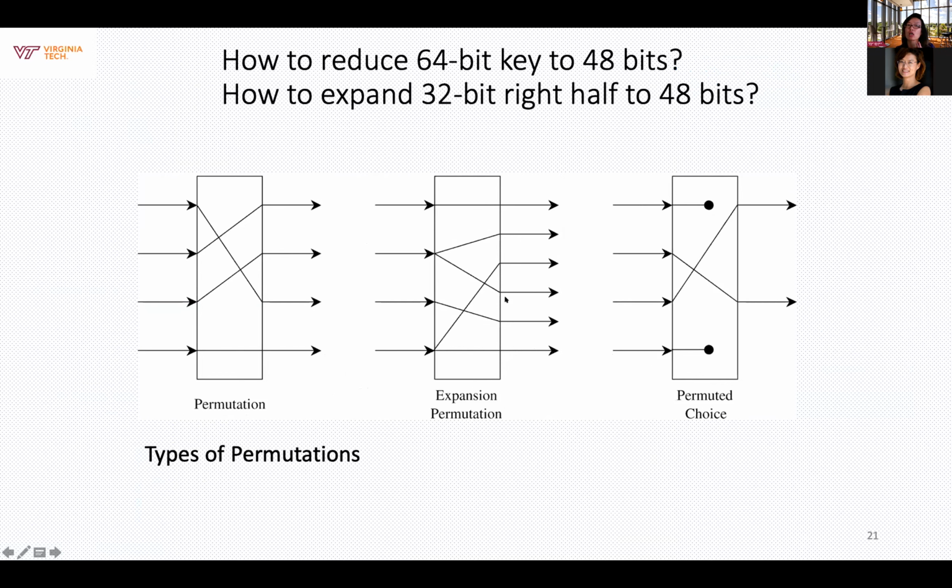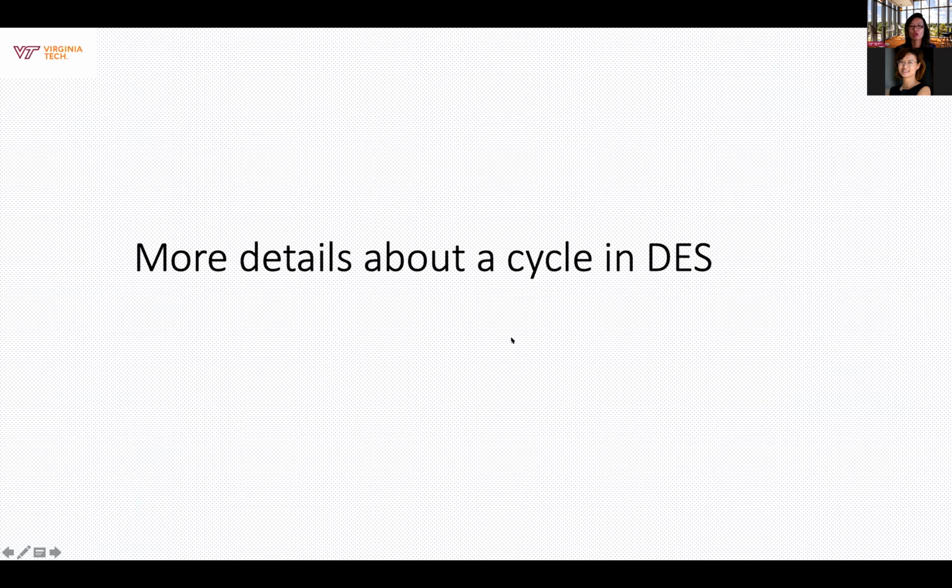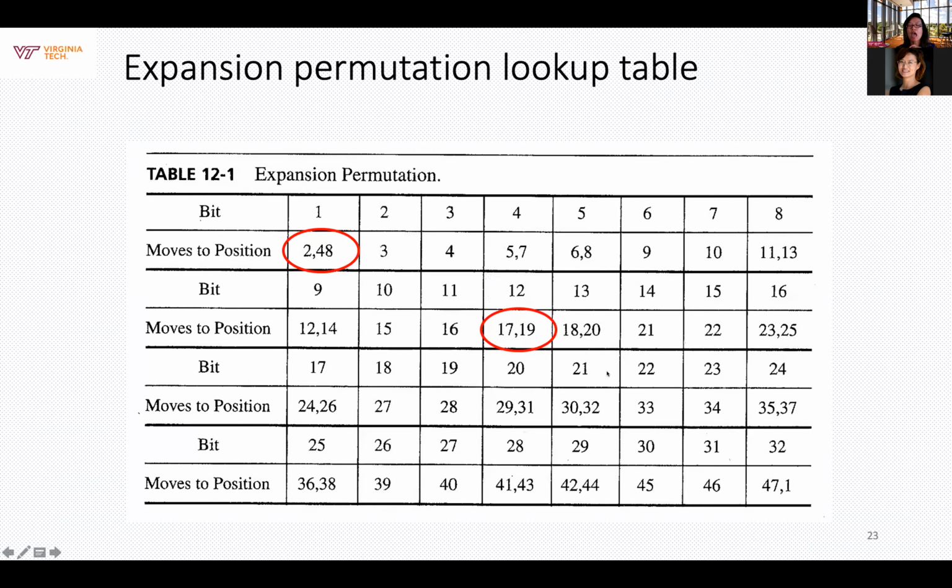It's entirely up to you. Next I want to explain a little bit about the details of one cycle in DES. Having a little bit more knowledge about DES would help you gain better intuition about symmetric key encryption. Even though this is not used, a lot of the concepts still exist in AES.